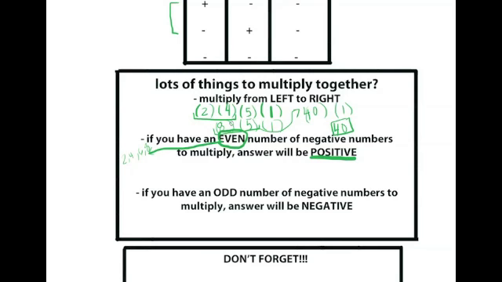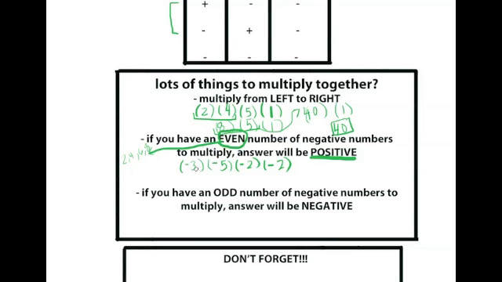Okay? So for example, let's say I had negative 3 times negative 5 times negative 2 times negative 2 again. Counting this up, how many negative numbers do I have here?